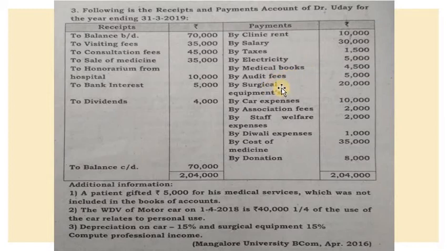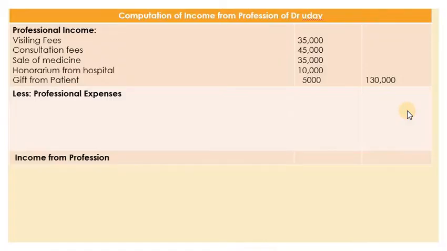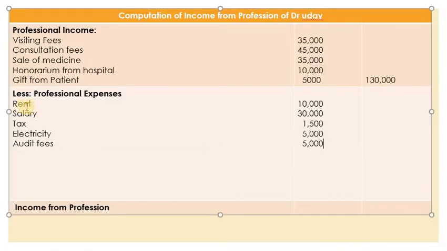Surgical equipment is also an asset, a capital expenditure, so only depreciation will be charged. So we have written rent, salary, tax, electricity and audit fees.